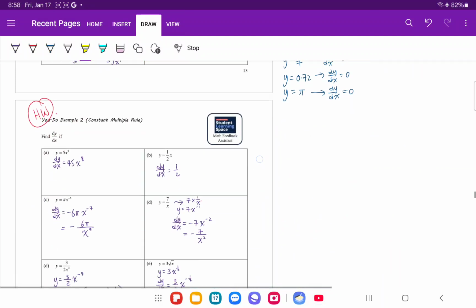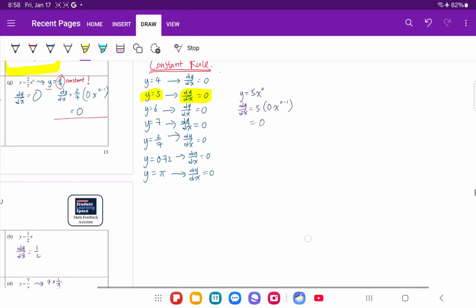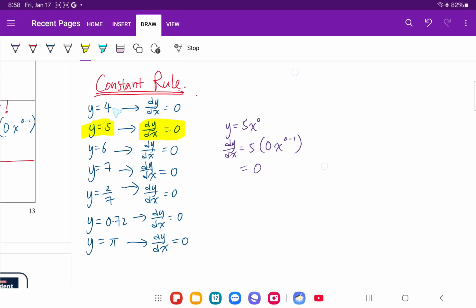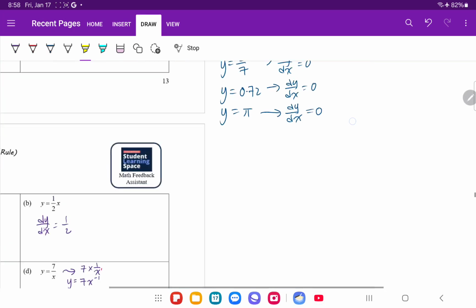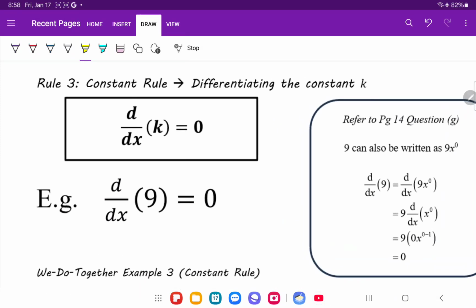Moving on to the third rule. Now, the third rule we have covered earlier on already. It's known as the constant rule. If you see a constant number without x, dy dx must be 0. So, on this page, there is a constant k, which is basically just a number, a constant number.